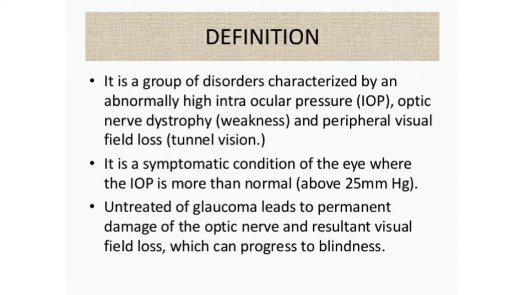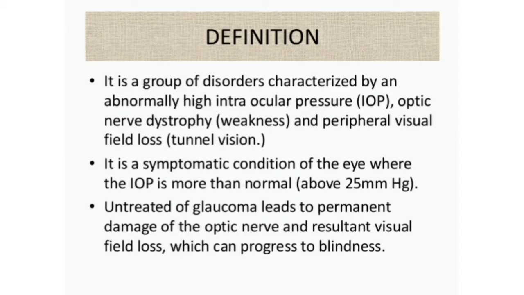So what is glaucoma? Let us learn about the definition of glaucoma. Basically, glaucoma is a group of disorders characterized by increased IOP. IOP means intraocular pressure, abnormally increased intraocular pressure, and optic nerve weakness or optic nerve dystrophy. This also leads to tunnel vision, that is peripheral field vision loss.